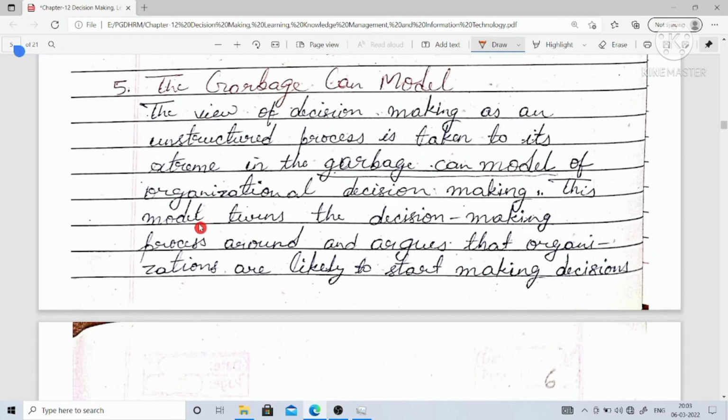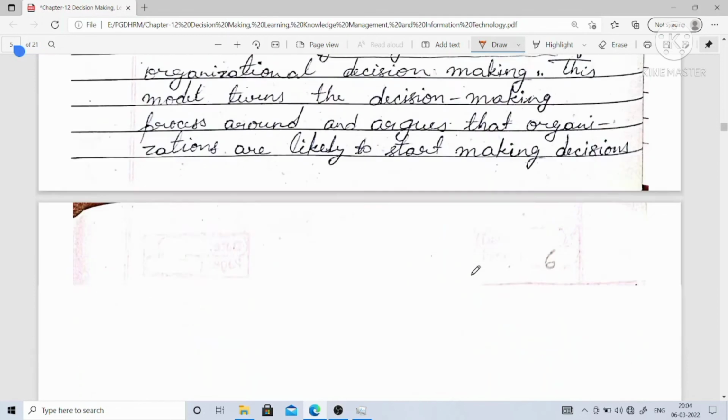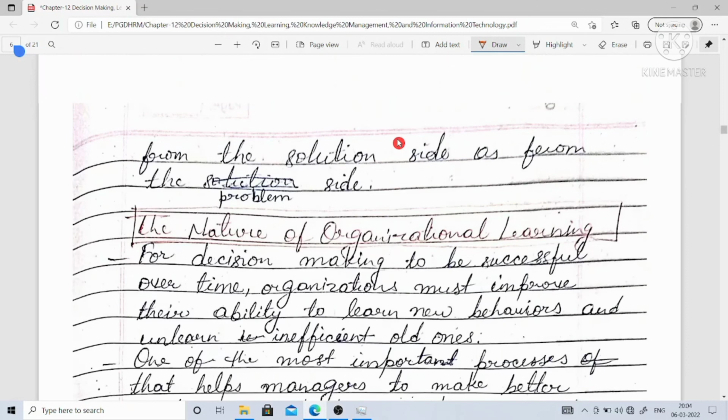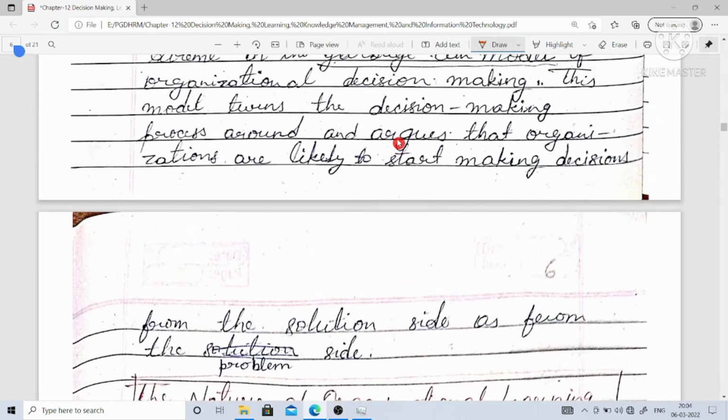This model turns the decision making process around and argues that organizations are likely to start making decisions from the solution side as well as from the problem side. It means in this model the decision making may start from the solution side, or it may start from the problem side.